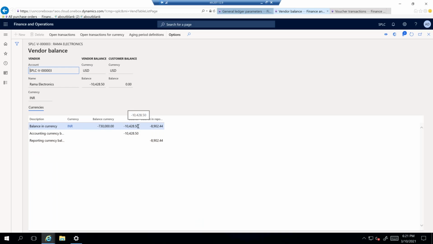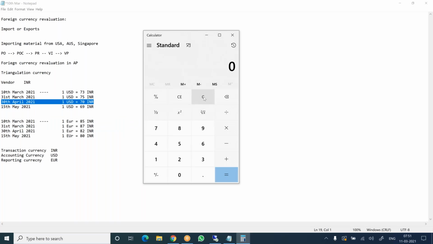So 10,428.50. If it is euros, conversion 7,30,000 divided by 82 now. It is 8,902 he has to pay.